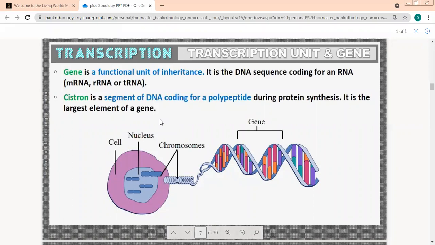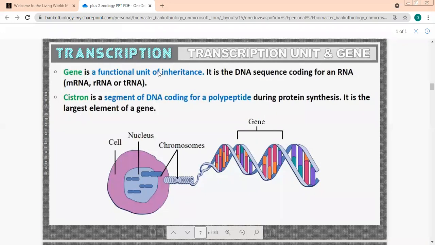That part of our DNA which arranges the bases in such a way that we get a polypeptide during protein synthesis. When we say polypeptide, we mean a long chain of amino acids bound together with peptide bonds. This is the largest element of a gene. The largest element of a gene is what we call the cistron.